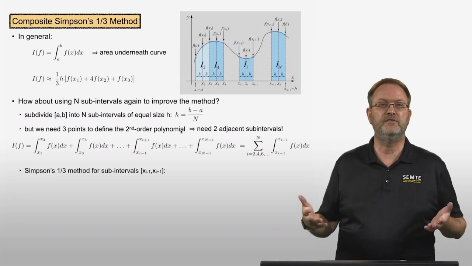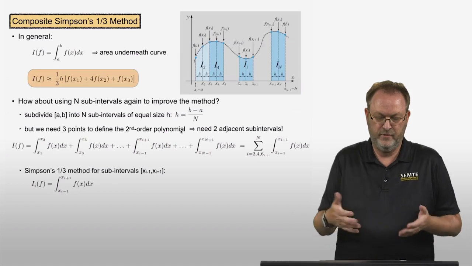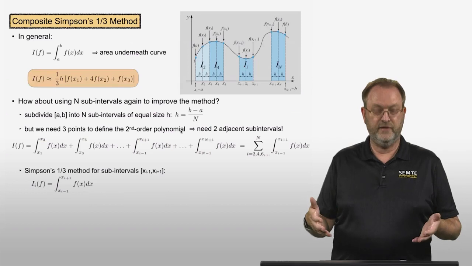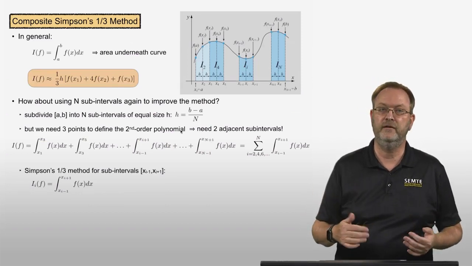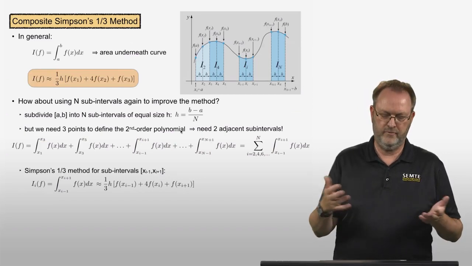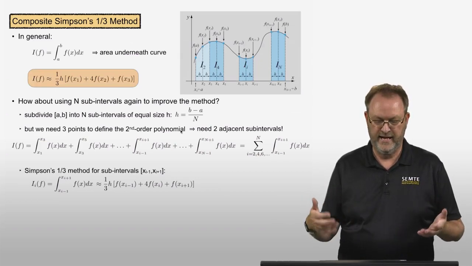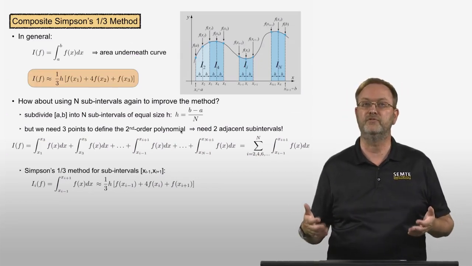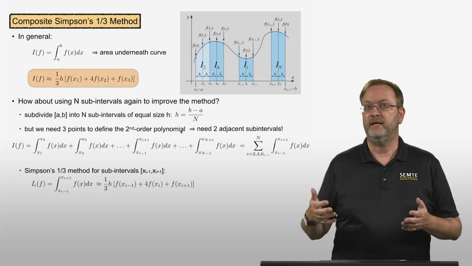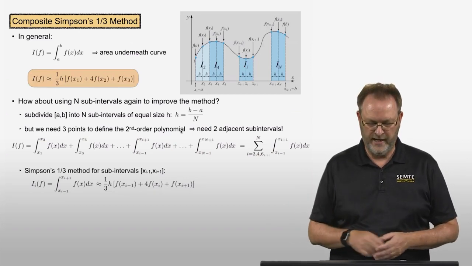So then this is Simpson's 1/3 method for the subintervals, right? That we'll now have to use for this integration. So we take Simpson's 1/3 for the integral from x_{i-1} to x_{i+1}. That would give us 1/3 h times f of the first point, that's x_{i-1}, plus 4 times the point in the middle, that would be f of x_i, plus 1 times the point at the end, which is f of x_{i+1}.